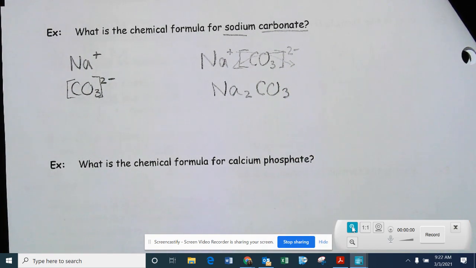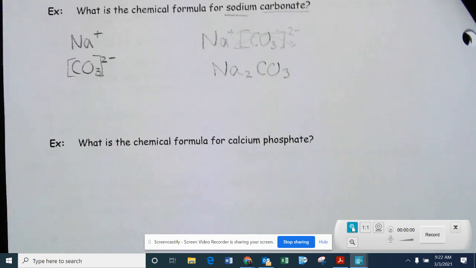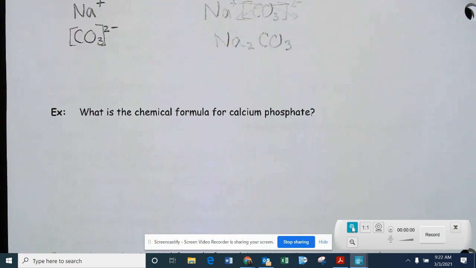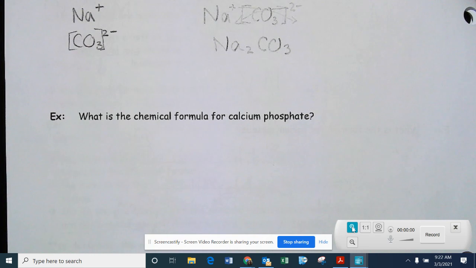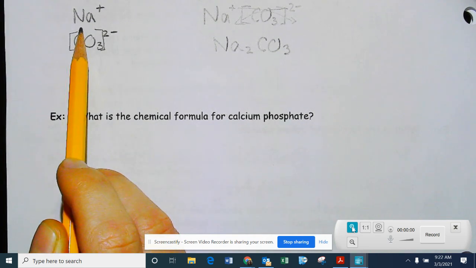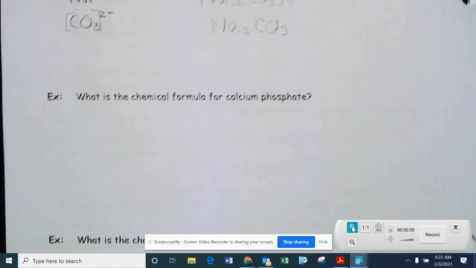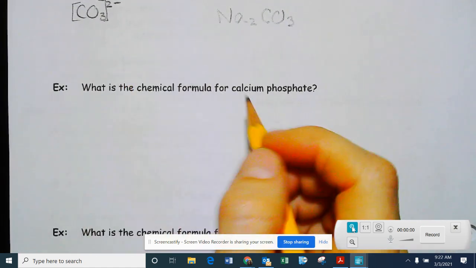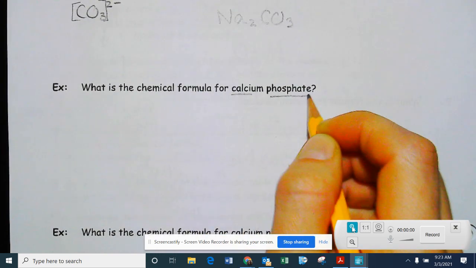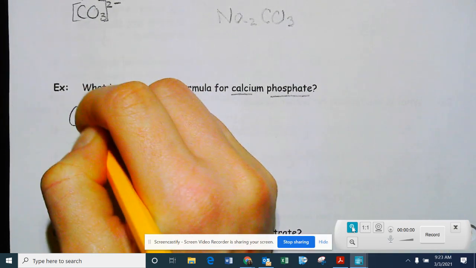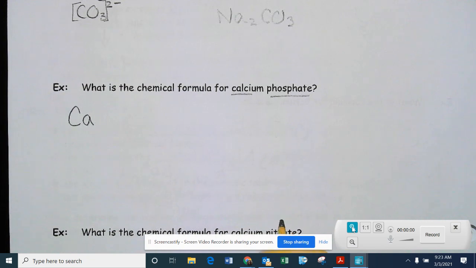So that's sodium carbonate. Now we're going to look at one where our cation isn't just a 1 charge. It's got a positive 2 charge. So I've got calcium phosphate. What is the charge on calcium when it gets rid of electrons?